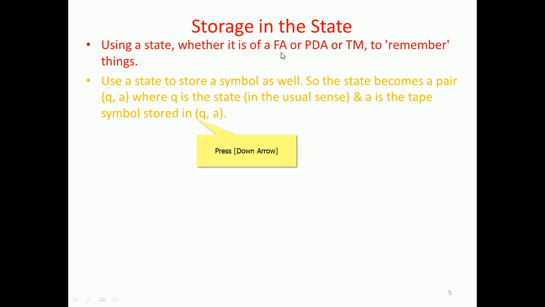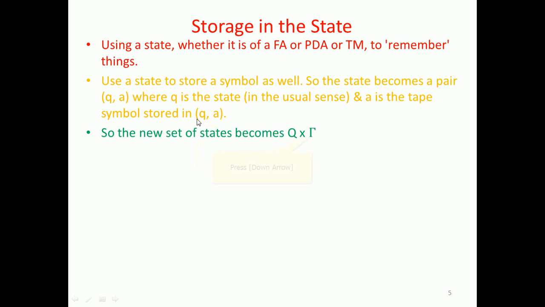So the state becomes a pair, q comma a, where q is a state in the usual sense and a is a tape symbol stored in the state. That is the semantics of the notation q comma a.